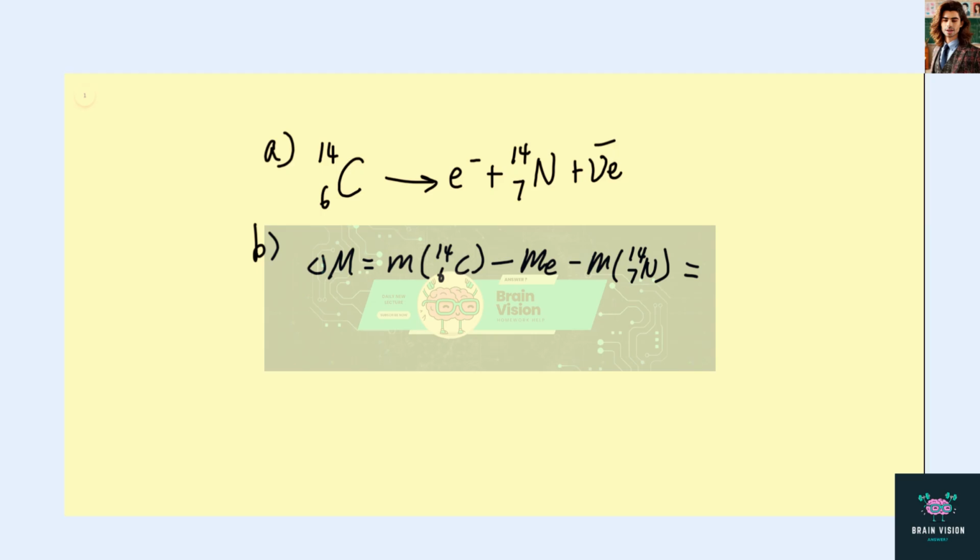So the change of mass: carbon-14 is actually 13.999950 u. Electron is 0.000549 u. Nitrogen is 13.999234 u.